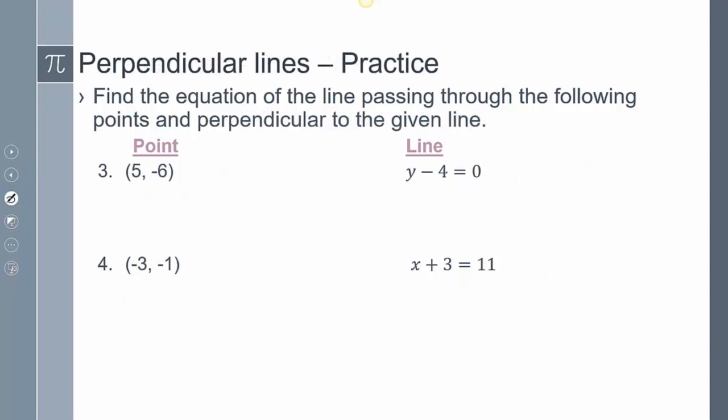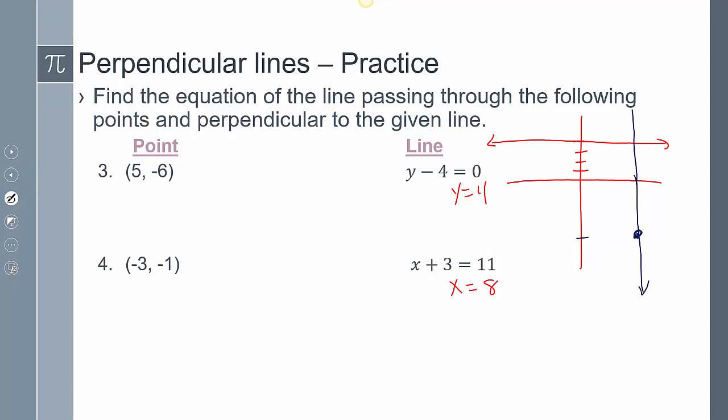When it comes to perpendicular, we know that this is y equals 4 and this is x equals 8. Well, let's take a look at this. If I draw this out, we said 1, 2, 3, 4, so I have this line here. So if I have (5, -6) as my point, so I have this point out in space, well, perpendicular, it's going to do this, because it has to create that 90 degrees.